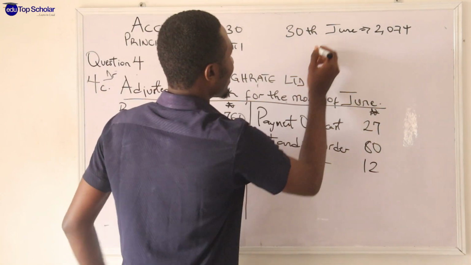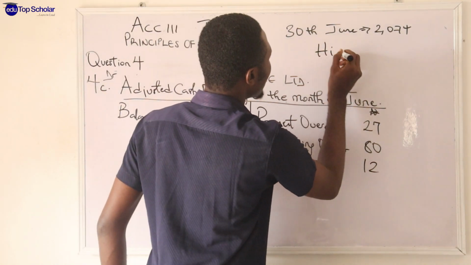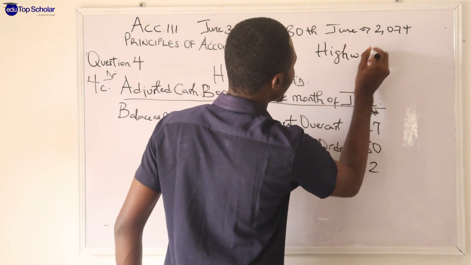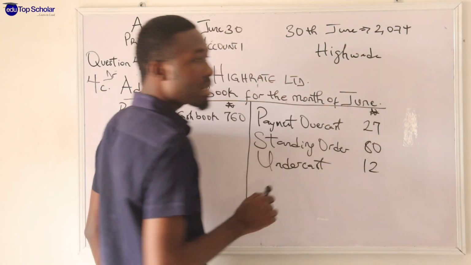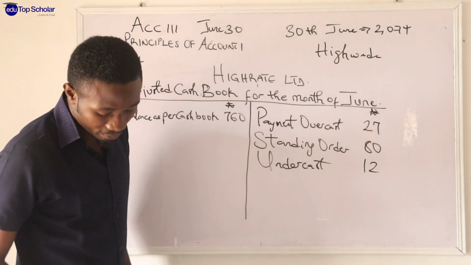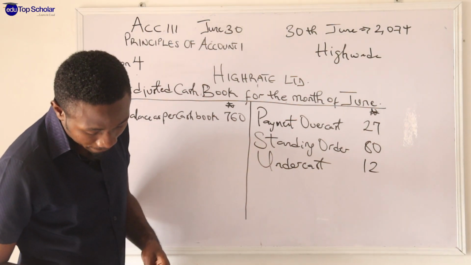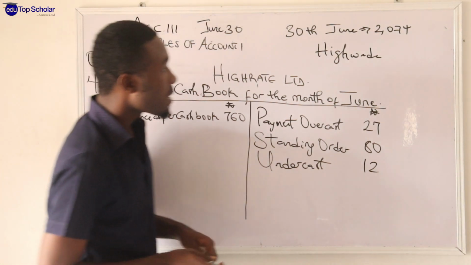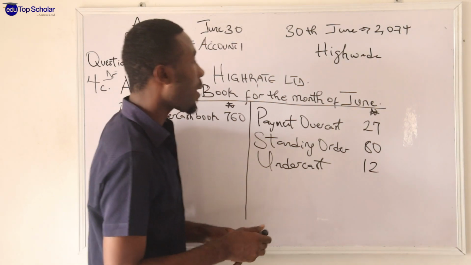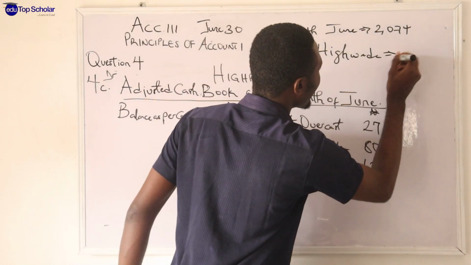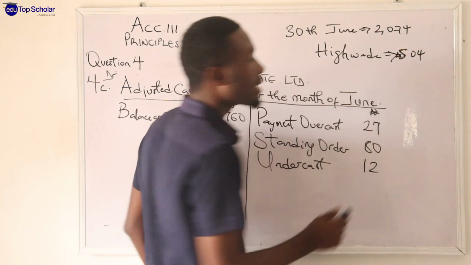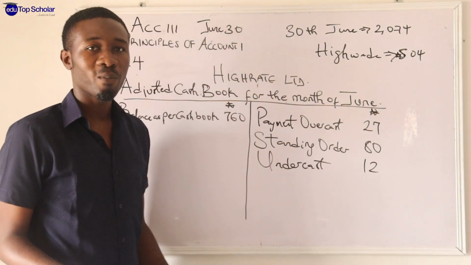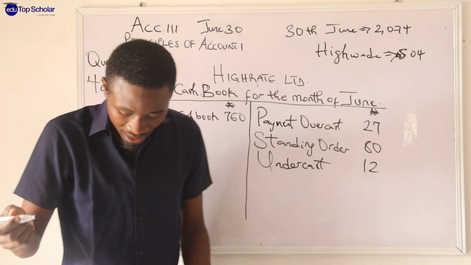There's a company that is named iWade, and our own business is called iRate. So the bank committed an error by lodging a check wrongly into the account of iRate, 504. So they received money that was not theirs. So it was an error committed by the bank.